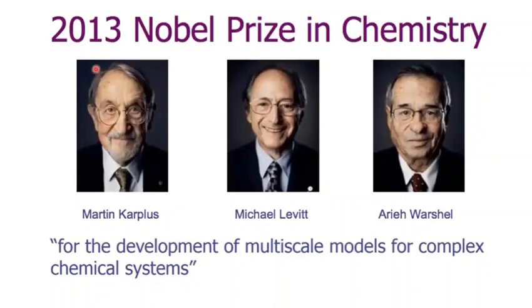So in case you were wondering why this might be important, in 2013 the Nobel Prize in Chemistry was awarded to these three men for their development of multi-scale models for complex chemical systems. They were pioneers in the use of computers to solve chemistry problems. They also developed methods that made it more accessible to users like us.